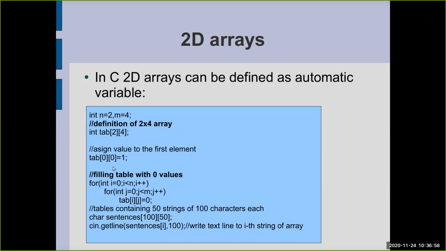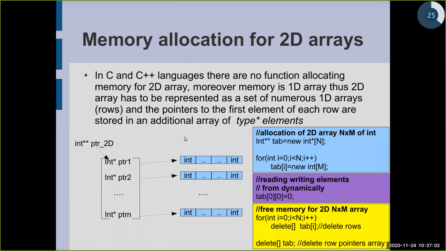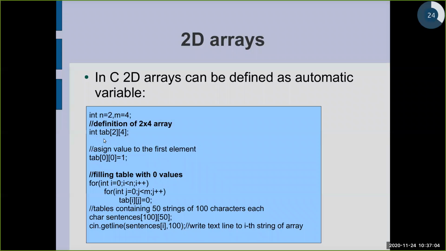To get access to a particular element, I can use double index operators. In this case, I get access to the first element in the first row.